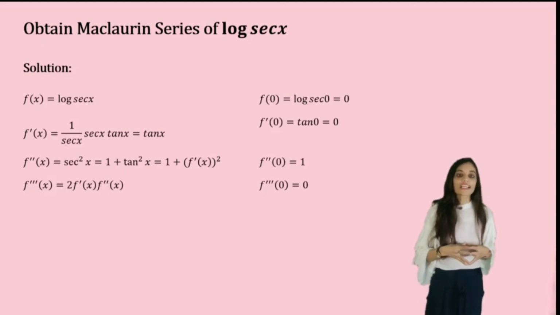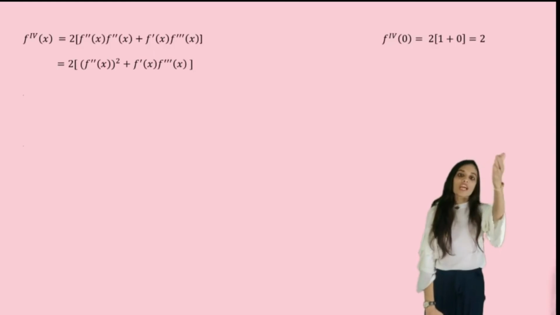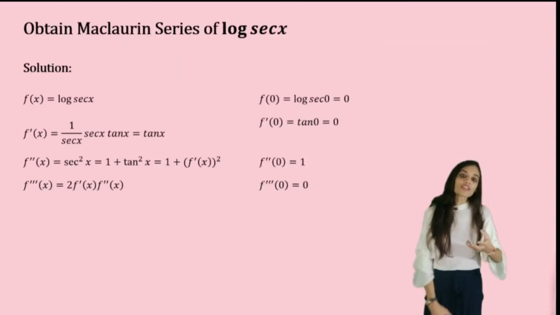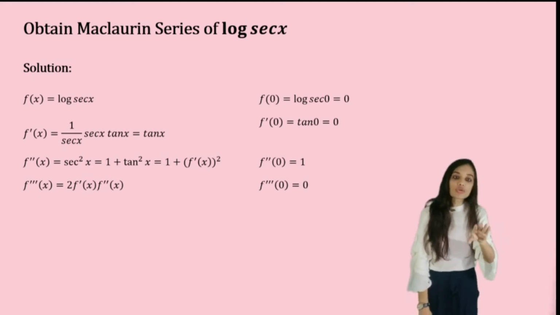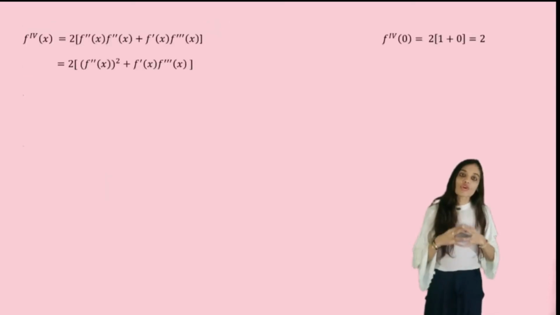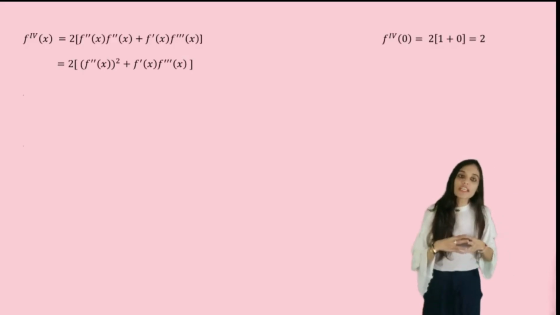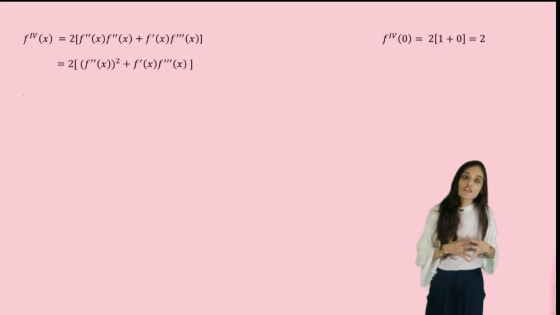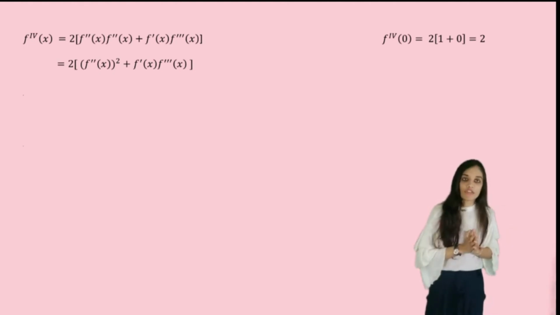So now let us find our fourth derivative of f of x. We will find the fourth derivative using the third derivative, and we will apply the multiplication rule of derivatives, that is the u into v rule. So f4 of x, we will keep 2 outside, will be equal to f double dash of x whole square plus f dash of x into f triple dash of x.